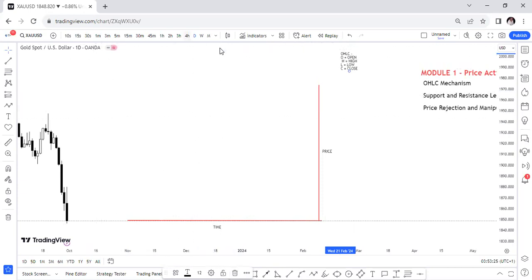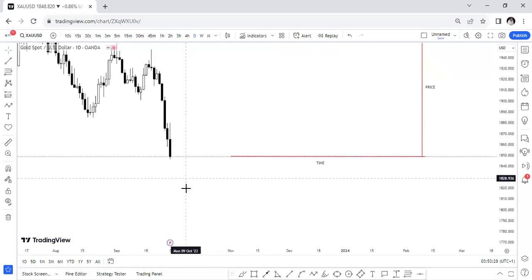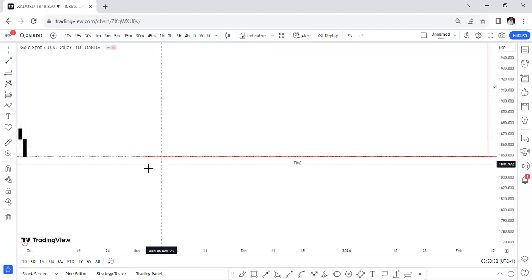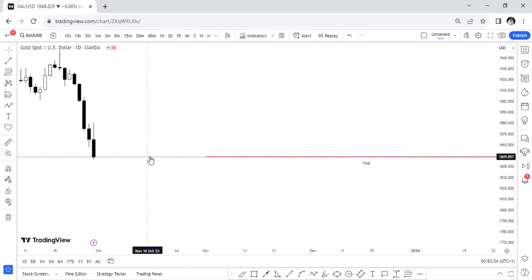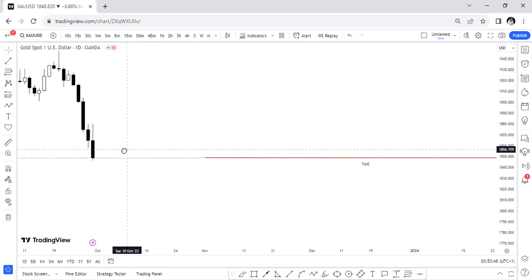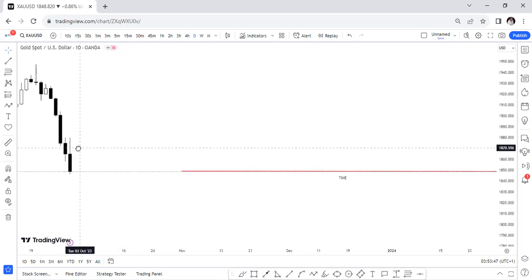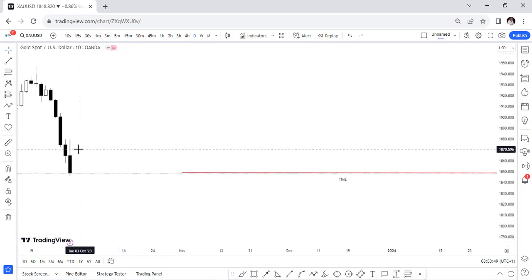If this is a daily candlestick, it displays the opening price, the highest price, the lowest price, and the closing price for that particular session.